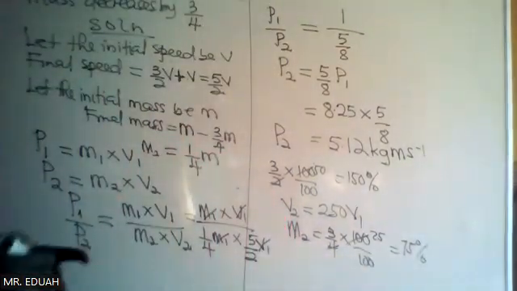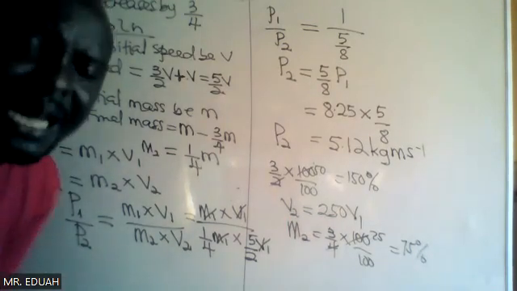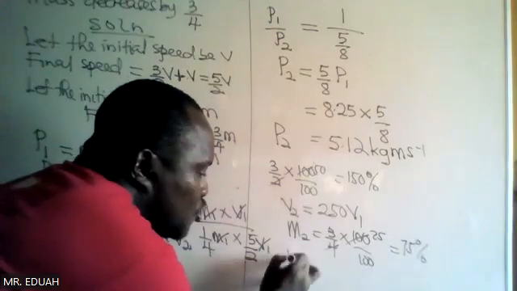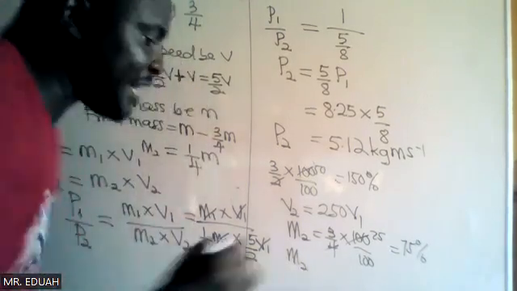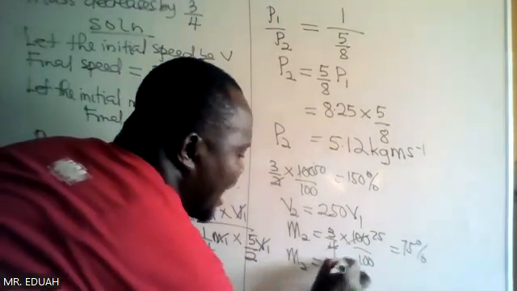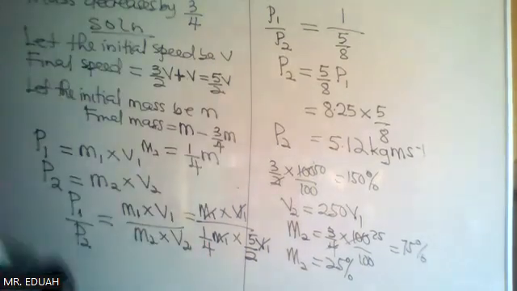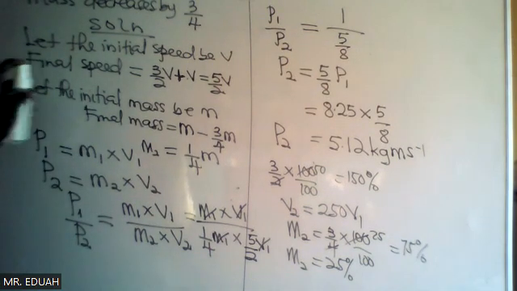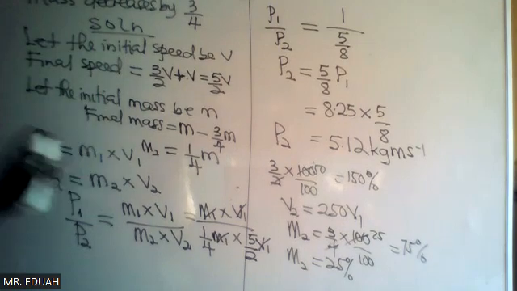So it means the mass was reduced by 75%. So what is actually left? M2, what will be left is equal to 25%, because it was decreased by 75%.